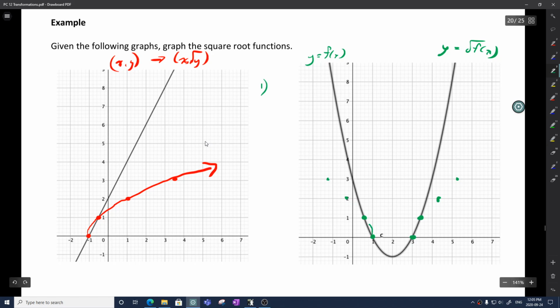So when I take the square root of anything in that interval, my graph has to go above it. And then I just simply connect the dots. Now it should have this nice arc to it. It should not be a straight line. Again, above. Oof, missed. Make that dot bigger. There we are. That's how we handle it. Should have that nice arc. And there's my two square root functions.